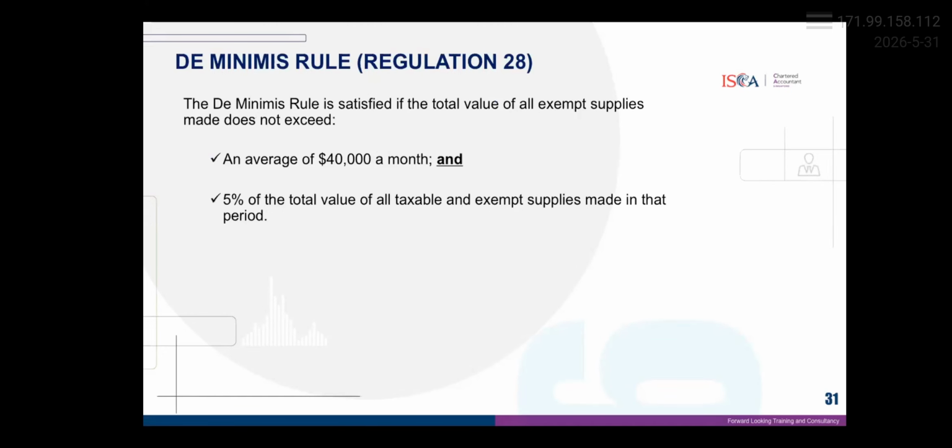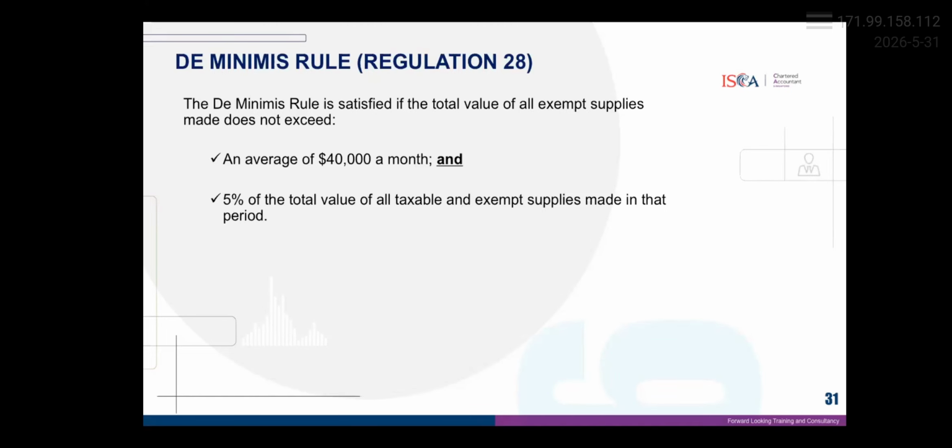Now, the de minimis rule. The de minimis rule is satisfied if the total value of all exempt supply made does not exceed an average of 40,000 a month, and 5% of the total value of all taxable and exempt supply made in that period. So this is the value of immaterial that the law prescribed.